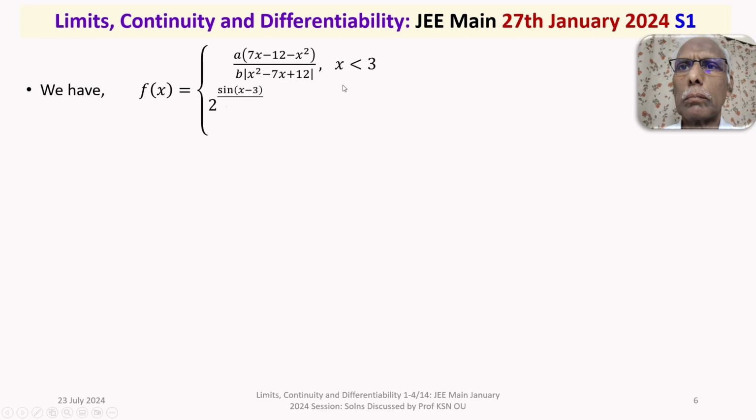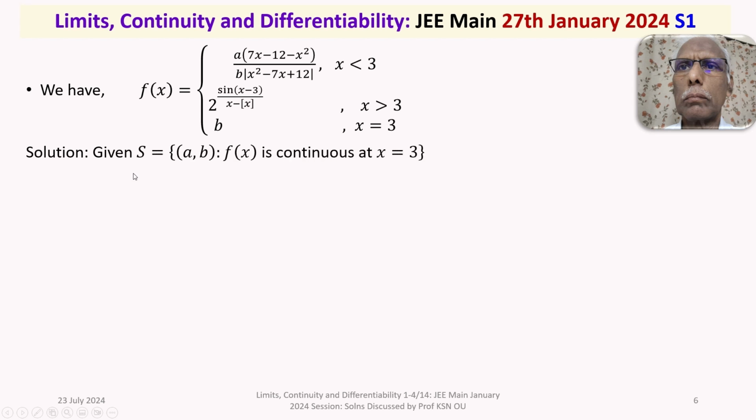We have the function defined like this. Now, S is the set of all those (a, b) such that f of x is continuous at x equal to 3.